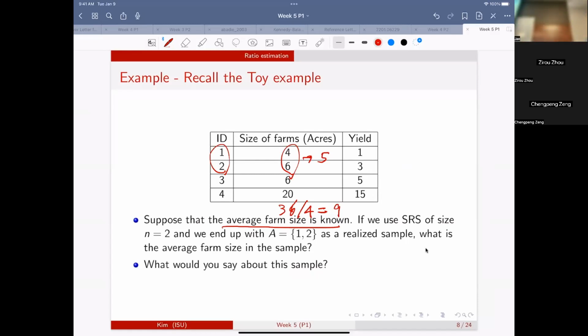Well, I compare these values, and I know that my sample happens to be small ones, right? So the sample average must be underestimating the true yield in the population.